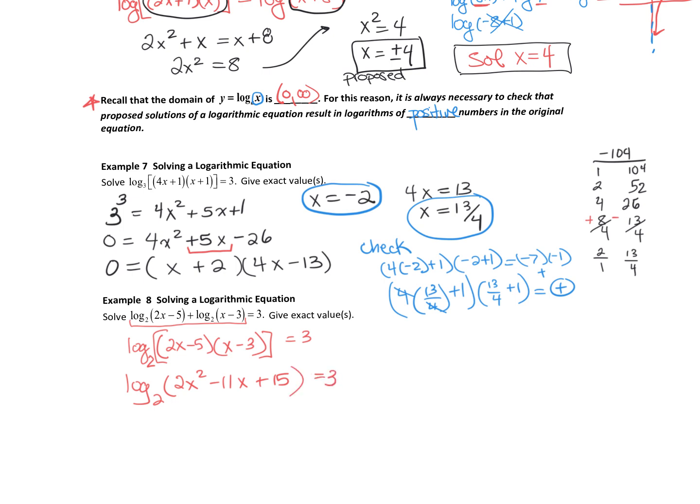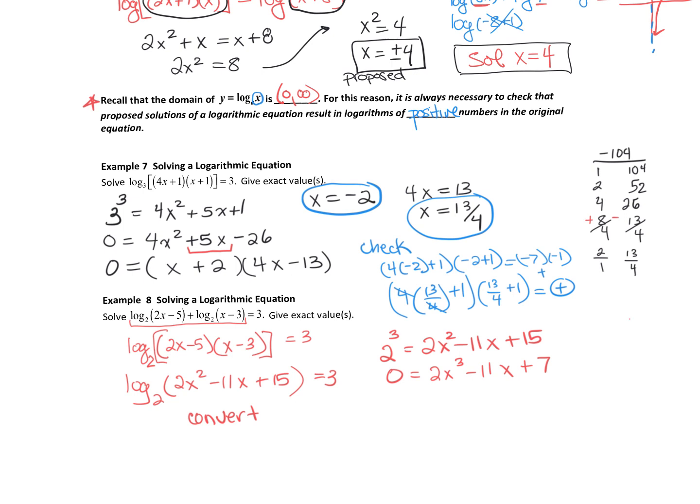So since I have a logarithm equal to a number, I can convert it to its exponential form. 2 cubed equals 2x squared minus 11x plus 15. 2 cubed is 8, so subtracting 8, 2x squared minus 11x plus 7. And we try to factor this one.